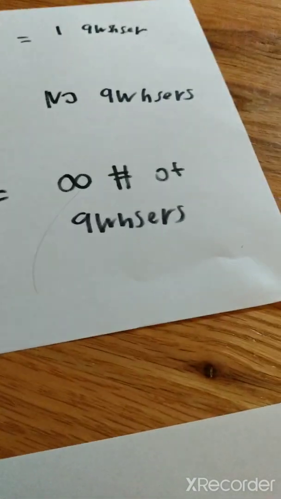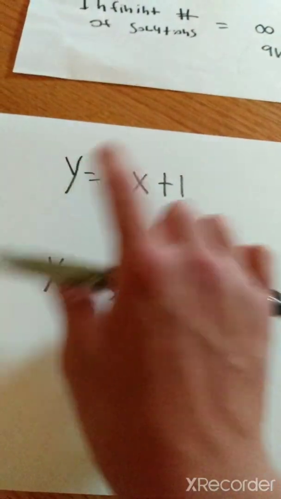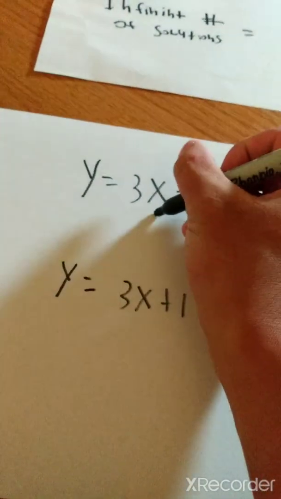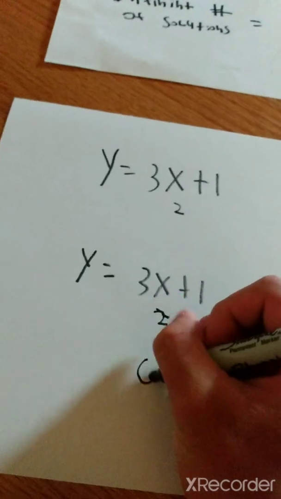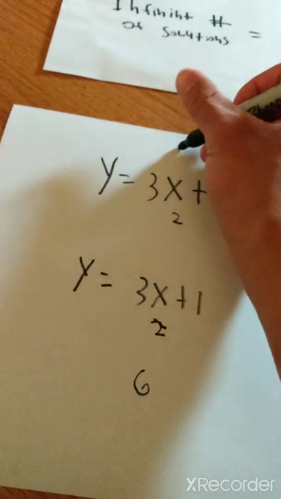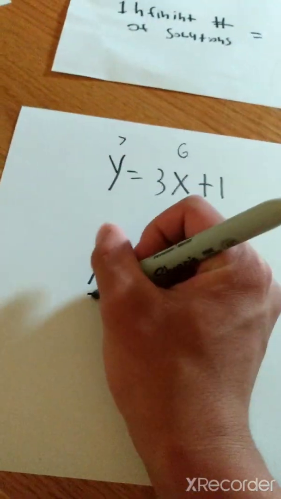That means anything you plug in for x will bring you to y. Like if we place 2 in for x, 3 times 2 is going to be 6 on both equations. Then we add 1, and y is going to be 7.